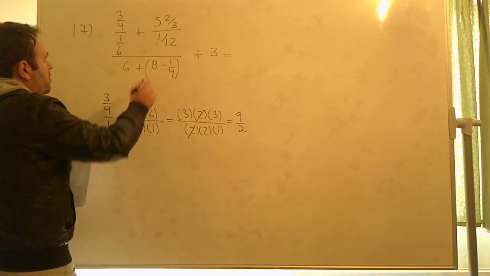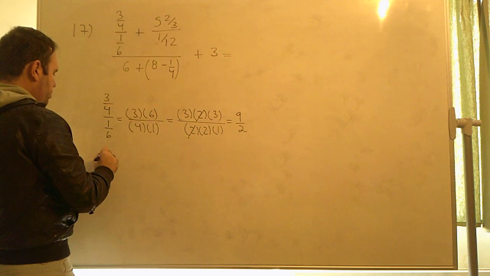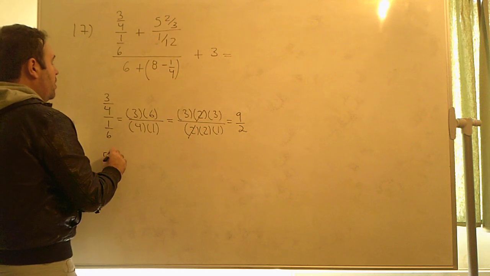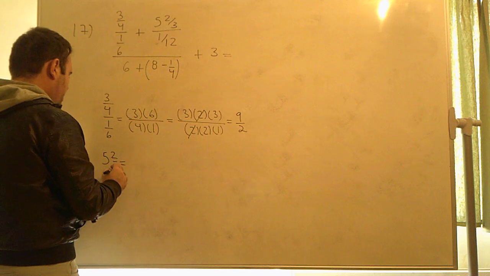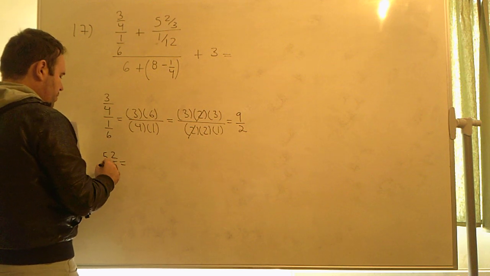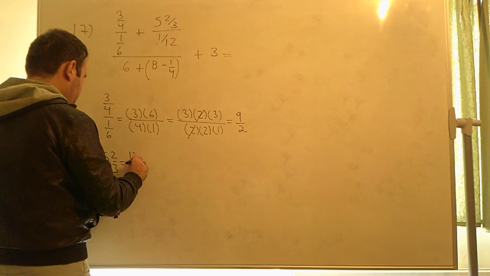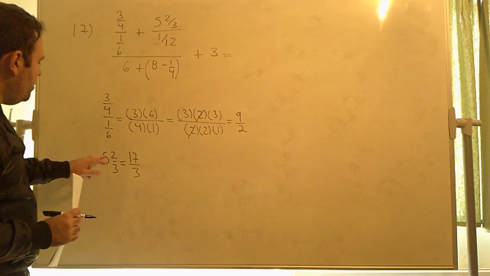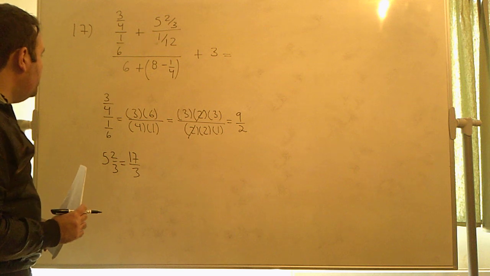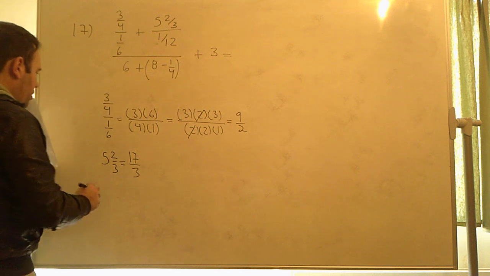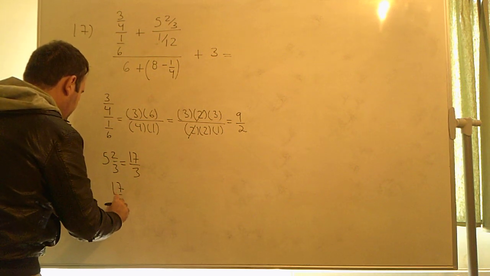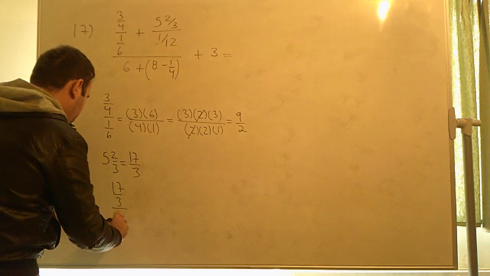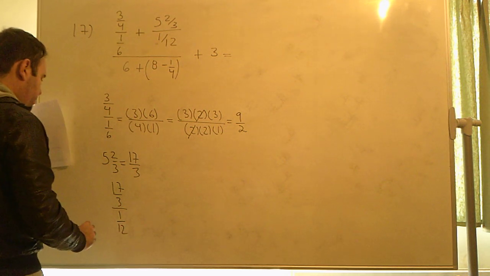We want to first turn this mixed fraction into an improper fraction. So we have 5 and 2/3, which would be 3 times 5, 15, plus 2, 17/3. Then we're going to divide 17/3 by 1/12.